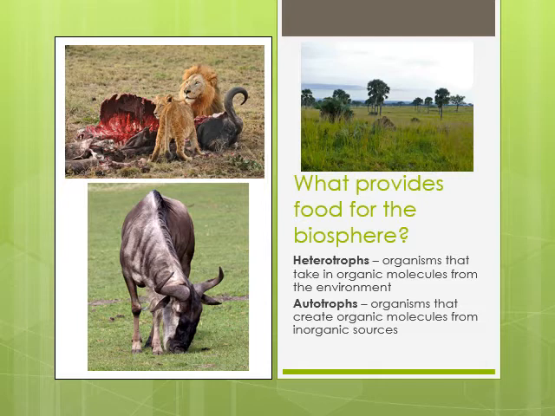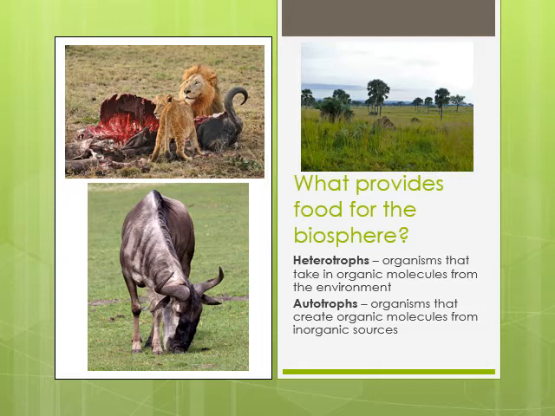If you're a heterotroph, you're going to take in organic molecules. You eat organic molecules, and you use those organic molecules to make other organic molecules. Autotrophs are organisms that create organic molecules from inorganic sources. Like we talked about with those black smokers at the bottom of the ocean, some organisms take the inorganic molecules out of the smoker and convert them to organic molecules. And then that crab might eat those other organisms.